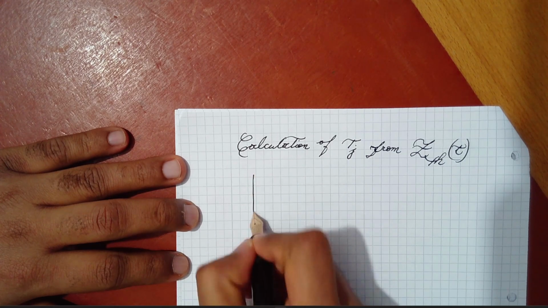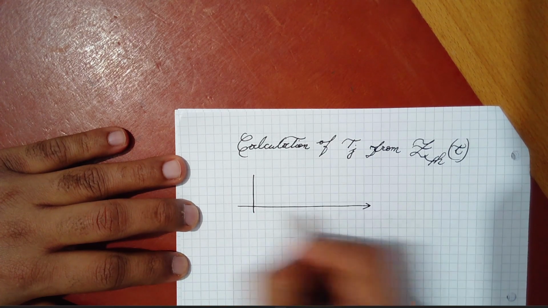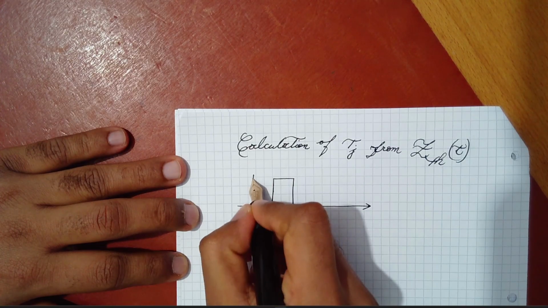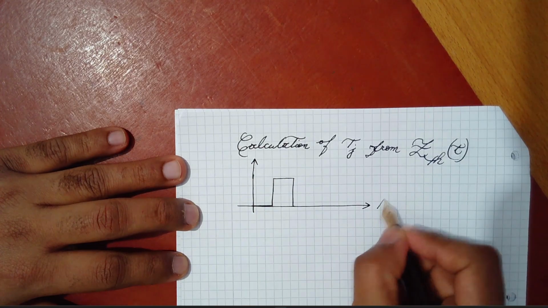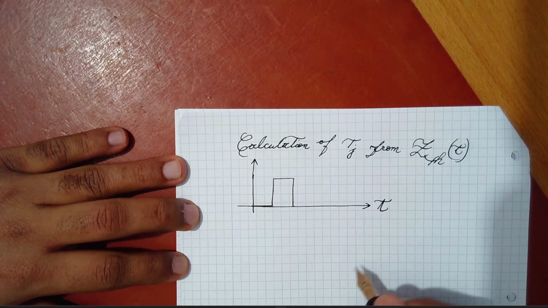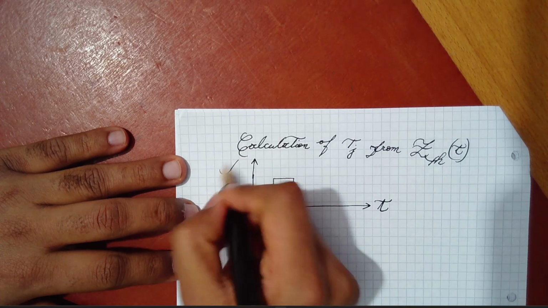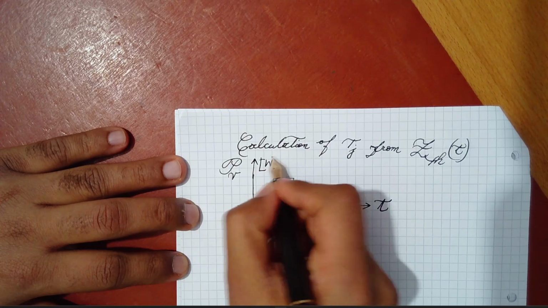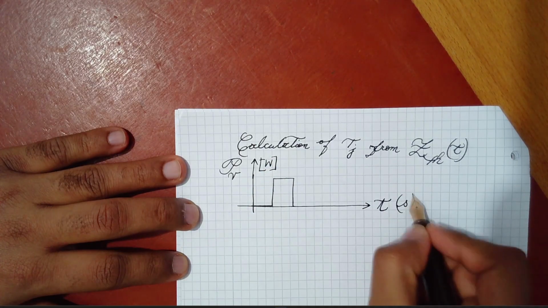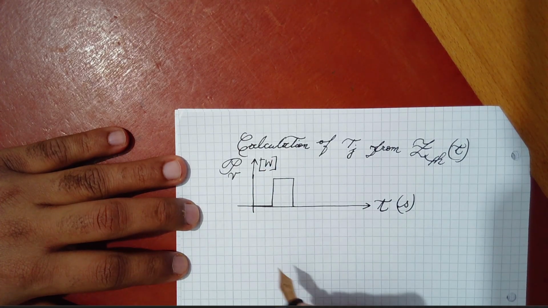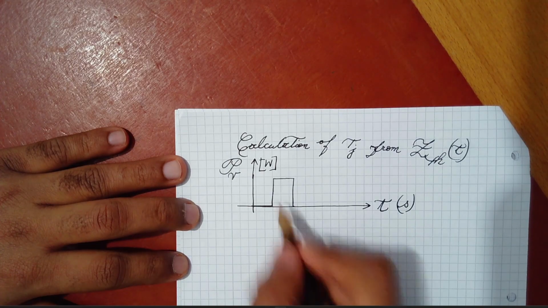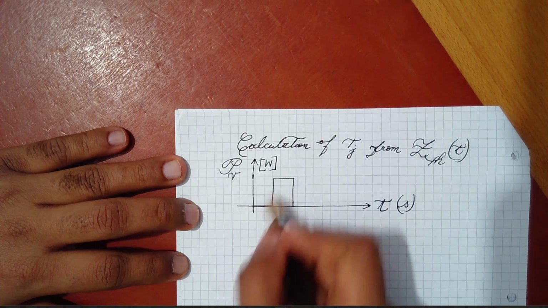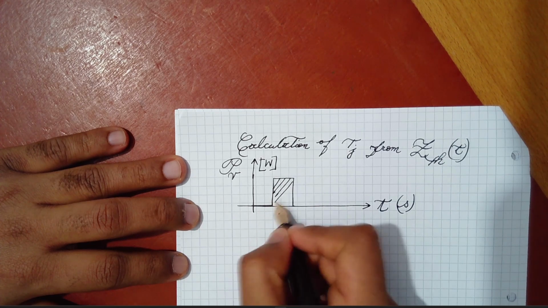For the first example, let's consider a single pulse. In this form, time is represented along the x-axis, and here we have the representation of power, and this is in terms of watts. It is also practical to have some applications where we only have a single pulse. That means this power is represented with this block.